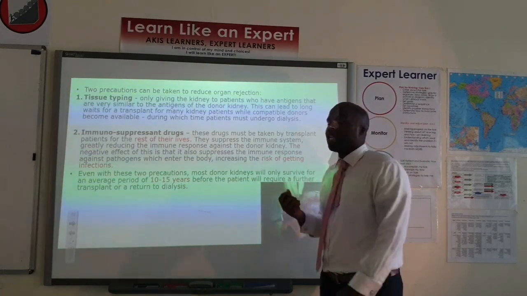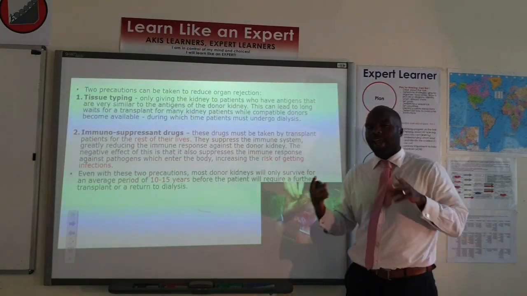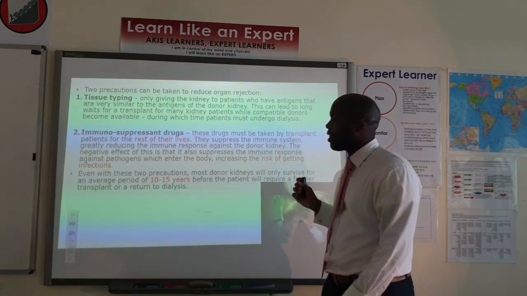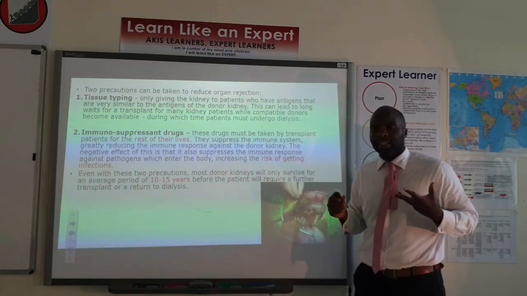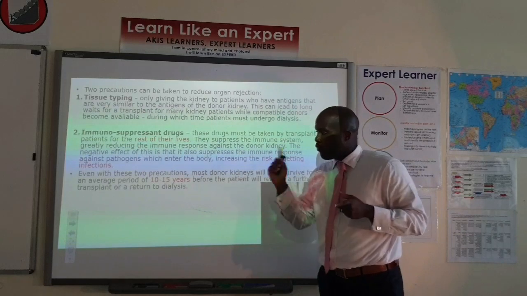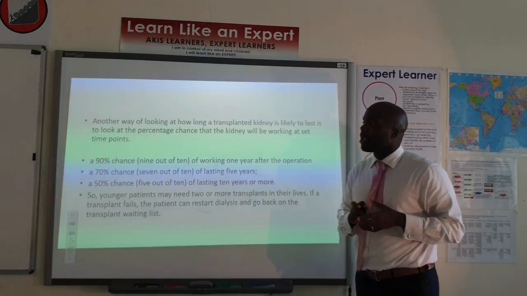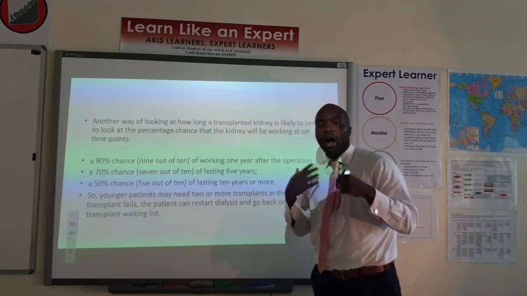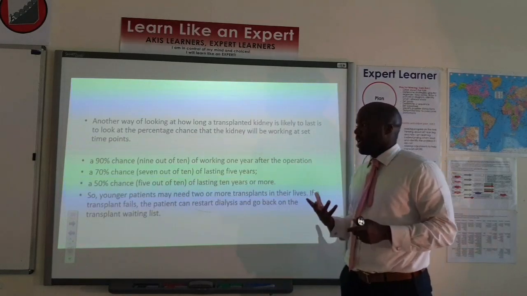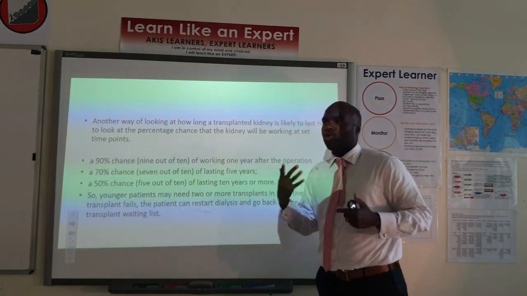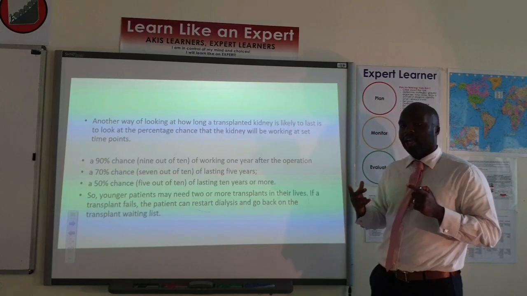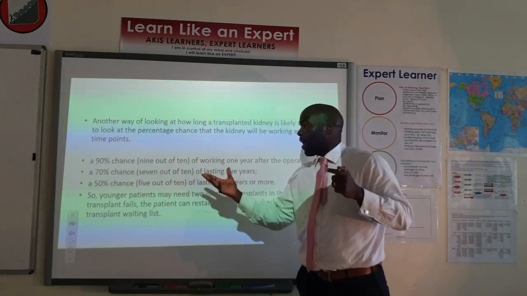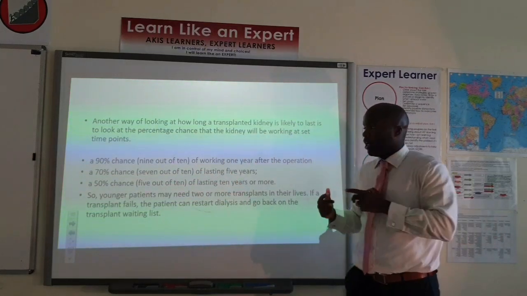Okay? Now, donor kidneys tend to last anything between 8 to 15 years, but it's more in terms of a percentage. How likely are they to last? If we were to look at it, there is a 90% chance that after 1 year, a donor kidney continues to work and hasn't been rejected. After 5 years, there's a 70% chance.